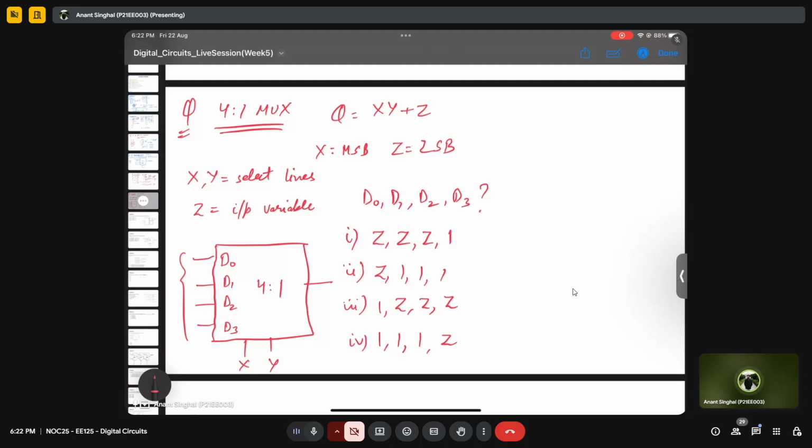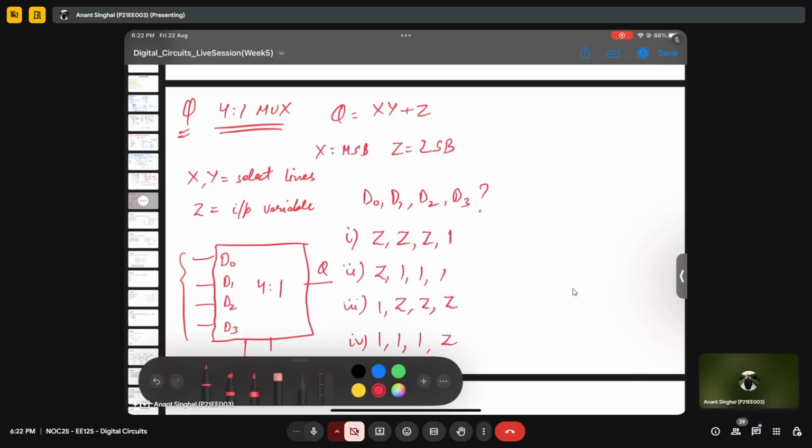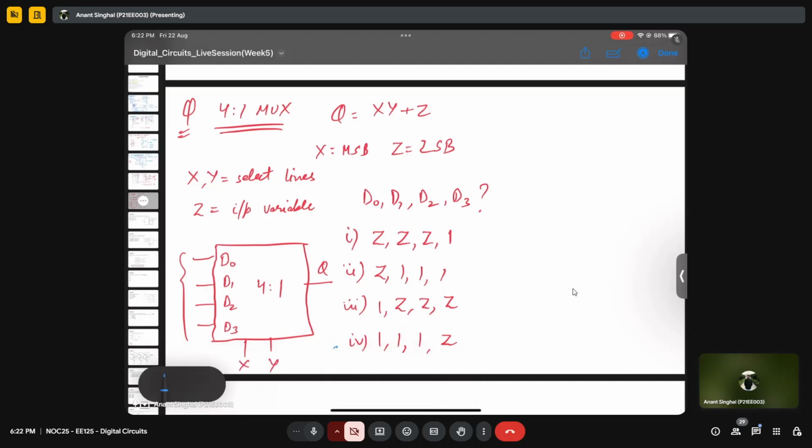Is the question clear to everyone? Basically, this is Q. Please take a guess. Try it out in your notebooks and let me know.